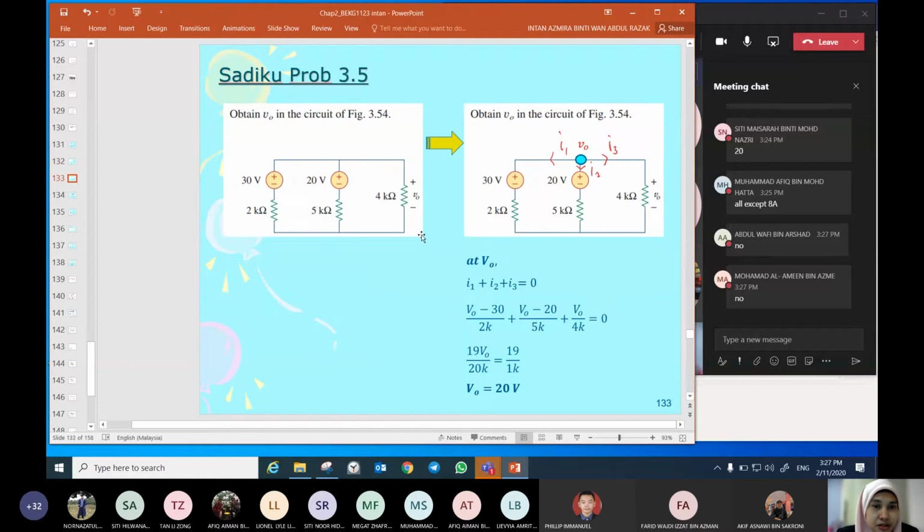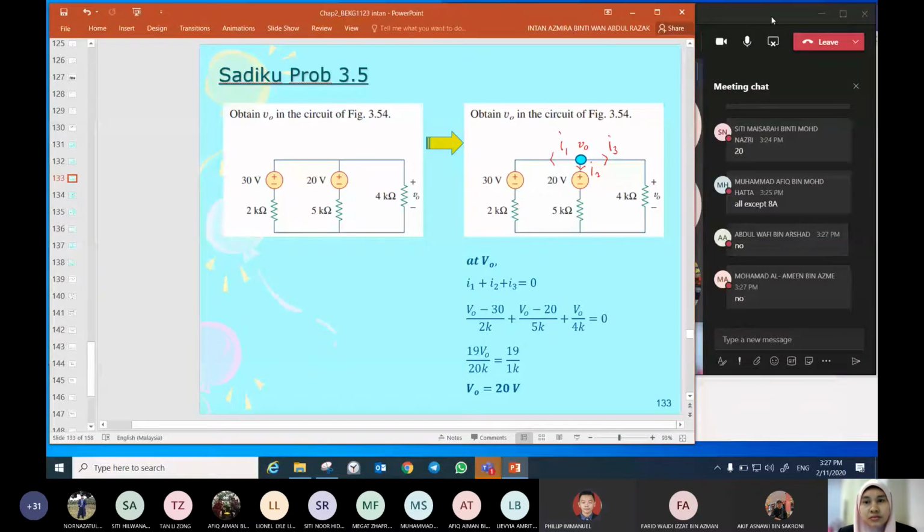Still a basic question. Obtain V0 in the circuit. V0 is located here. So how many nodes are needed in this circuit? How many nodes? Just one.